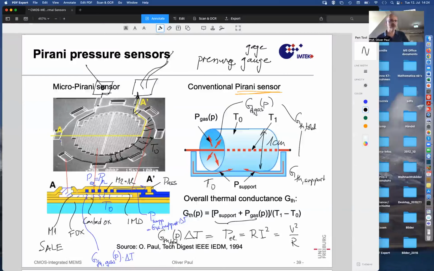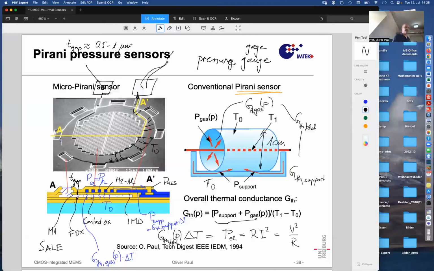And this micro-machined gap, I haven't told you explicitly. Again, you should implicitly know from chapter 2 that if we remove metal 1, this is probably a thickness T gap. This T gap is likely something like 0.5 to 1 micrometer.